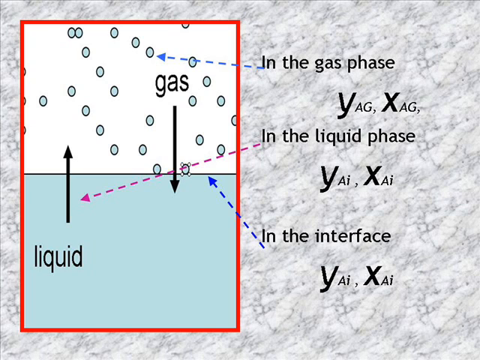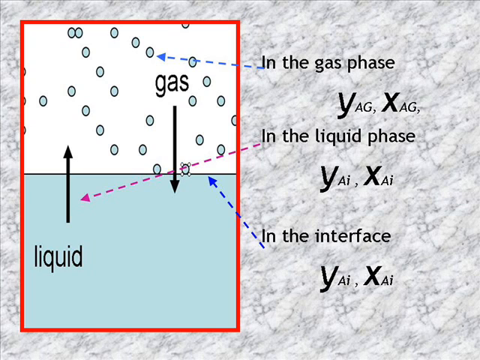Here we can see the red box having the liquid part, the blue part, and the gas part in the purple one. So we can see inside the red box, the liquid is diffusing into the gas phase.